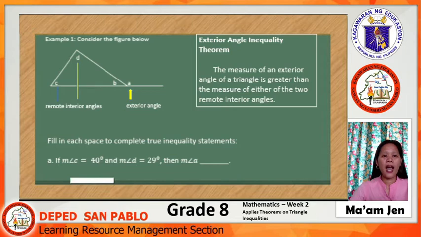In the exterior angle of a triangle theorem, it says that the sum of the remote interior angles is equal to the measure of its exterior angle.